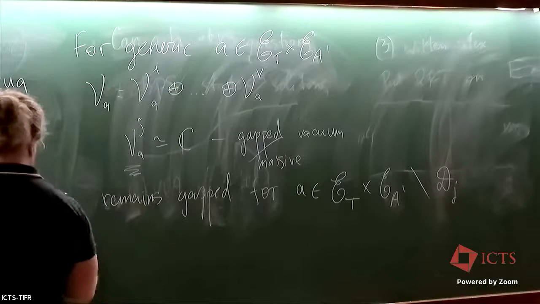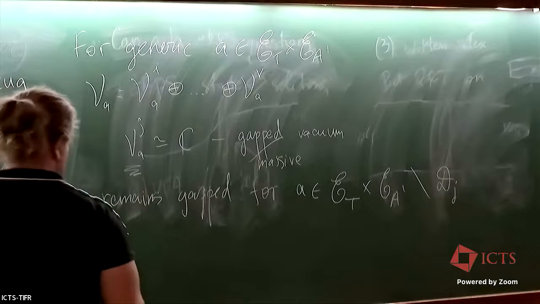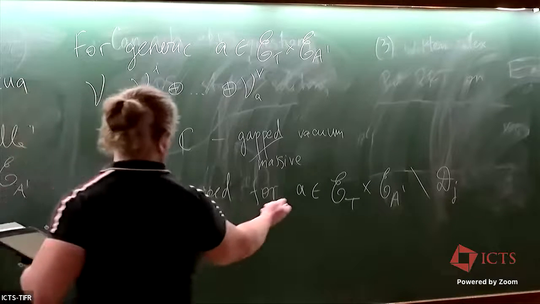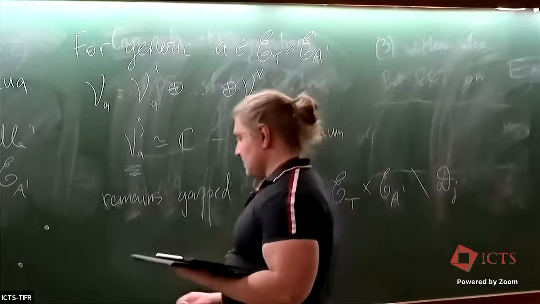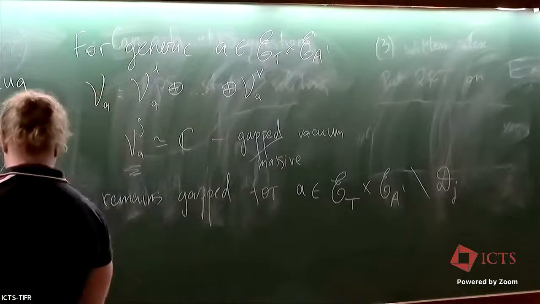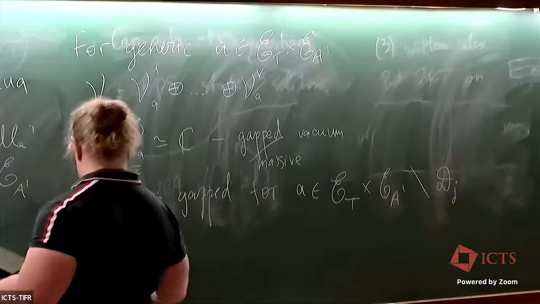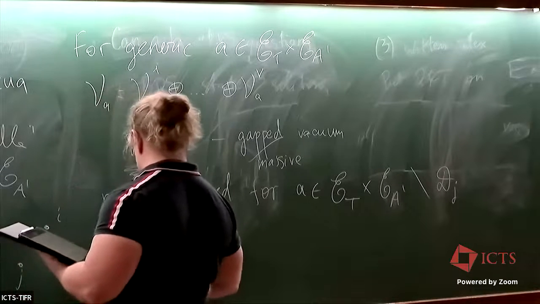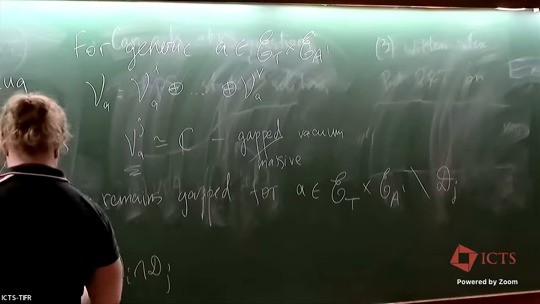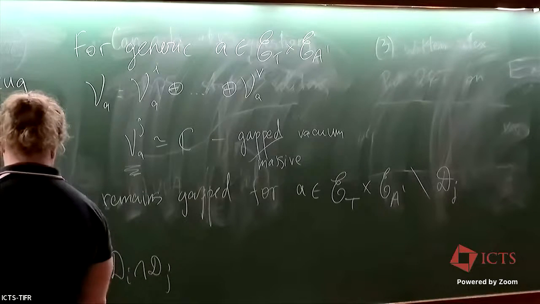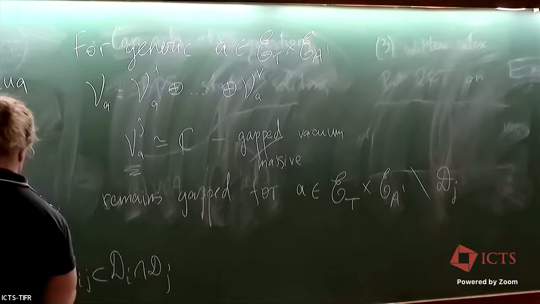So the picture you can envision is that there are, say, two isolated vacua, I and J, and at non-generic values, which correspond to this D, there is a certain subset in the intersection of D_I and D_J, such that for values A in this subset, the vacua become connected by a rational curve.